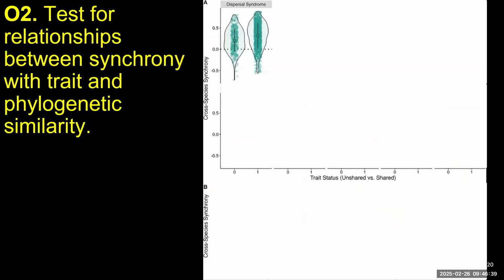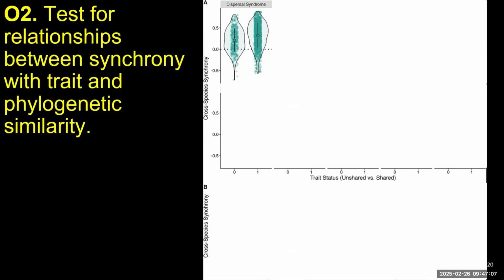And then what we wanted to do is look at individual traits and say, okay, how is this trait related to levels of synchrony for co-occurring species? This is an example, and my bar thing is in the way, so I can't see which one it is. But the trait status is a 0 if they're different from one another, and a 1 if they have the same value of that trait.